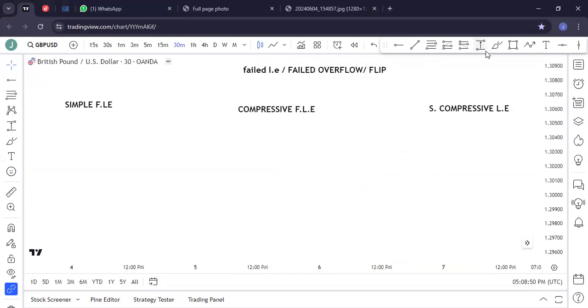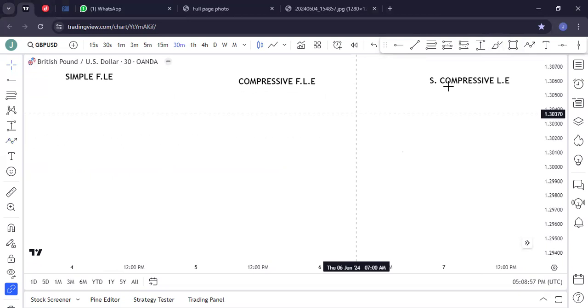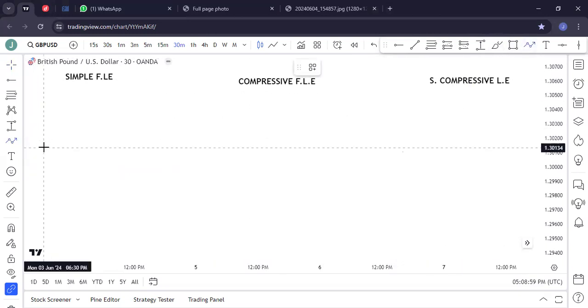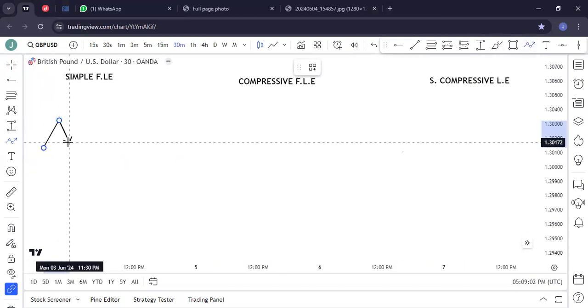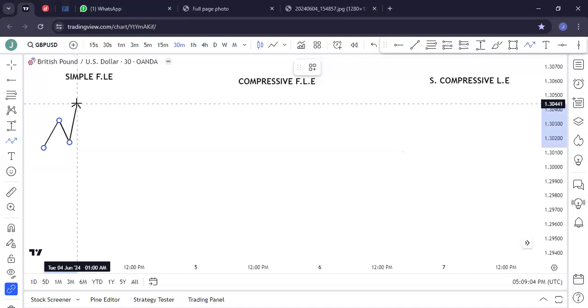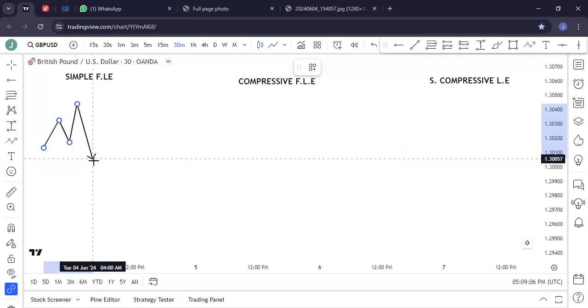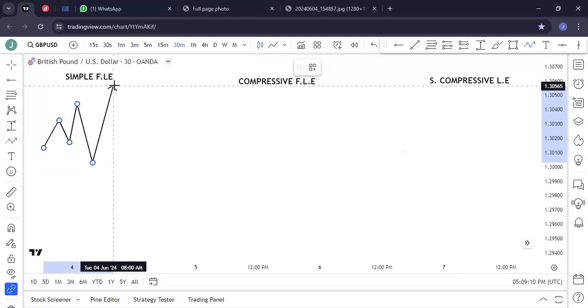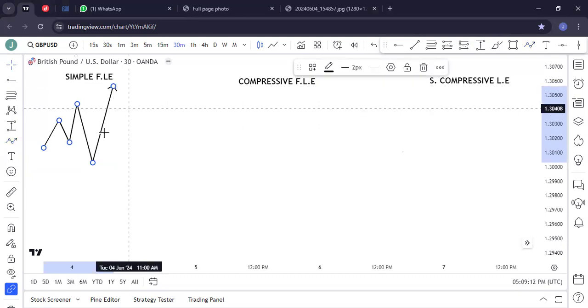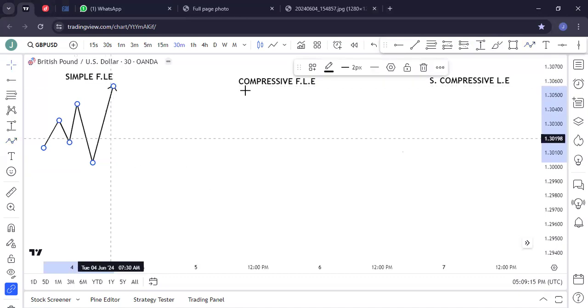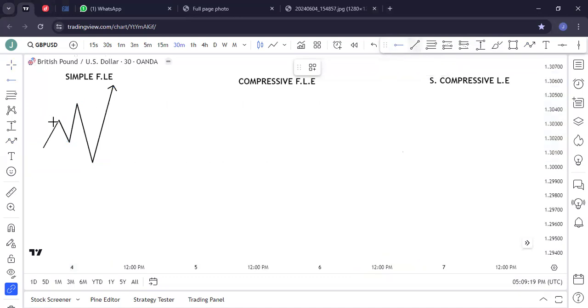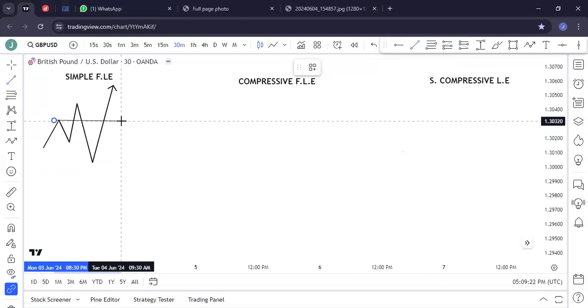Now, in the simple failed liquidity engineering, the market performs an action where it breaks the structure and then changes the character and then breaks above. So we were supposed to enter at this point here as liquidity engineering.